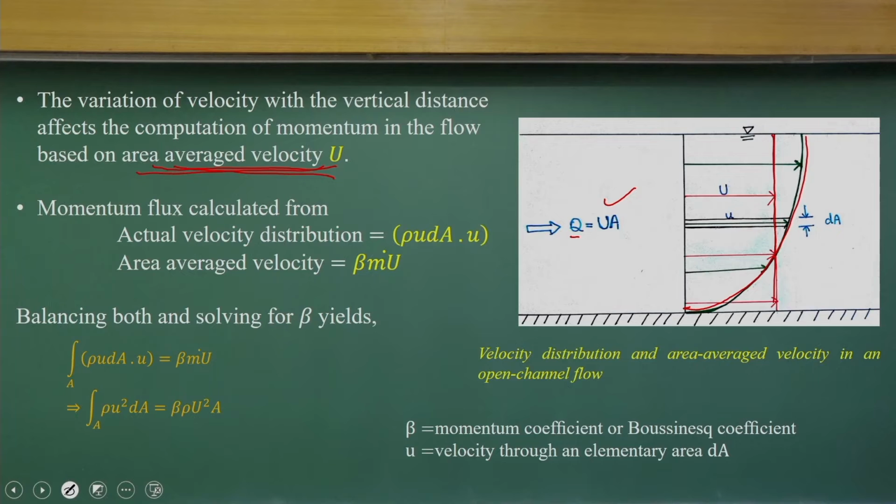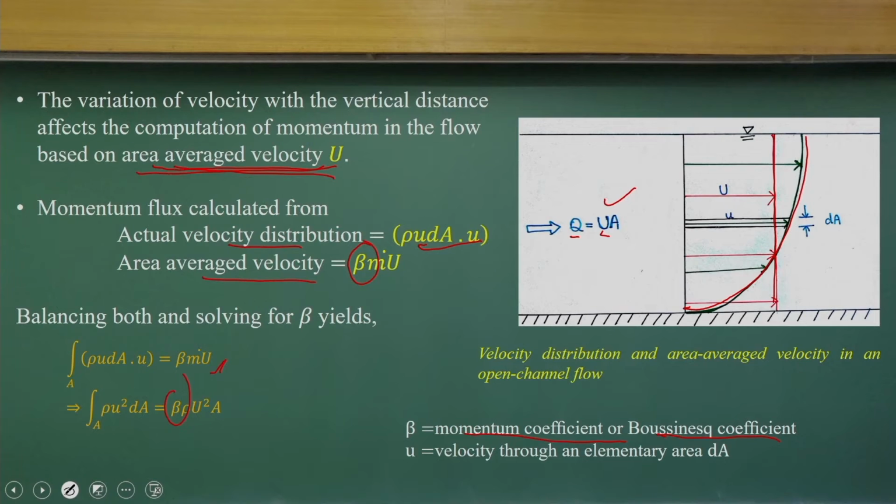I compute the momentum flux based on this capital U and the momentum flux based on the small u, the velocity variations. This is the actual velocity distribution momentum flux, and this is the area average momentum. So we have a correction factor, which we call the momentum coefficient or Boussinesq coefficient. That's the correction factor we adopt for the average velocity. If I compute the momentum flux, what will be the correction factor instead of taking the actual velocity distribution? That's what we equate here to compute beta.